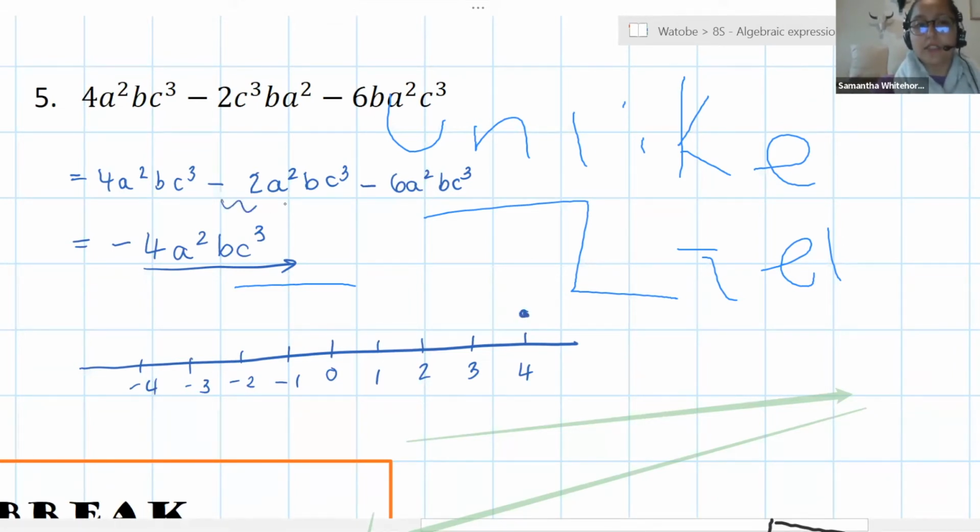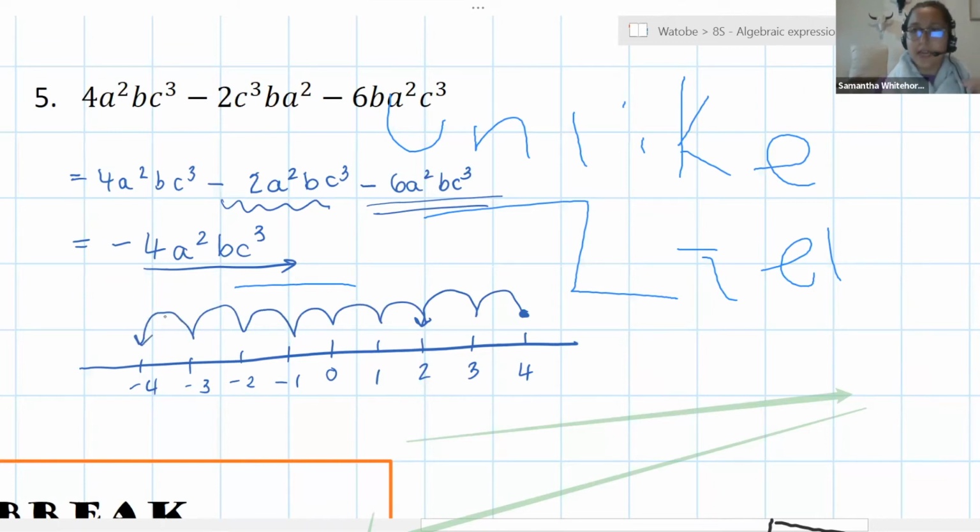I want to take away 2 of those, so I'm decreasing by 2. But then I also want to take away another 6: 1, 2, 3, 4, 5, 6. Because I end up taking away more than what I started with, I'm going to end up with a negative value. So that's where I get the negative 4a squared bc cubed. Thumbs up if we're all happy with that.